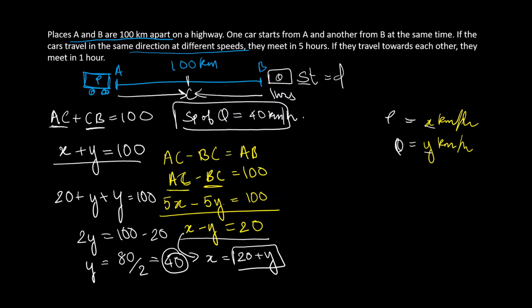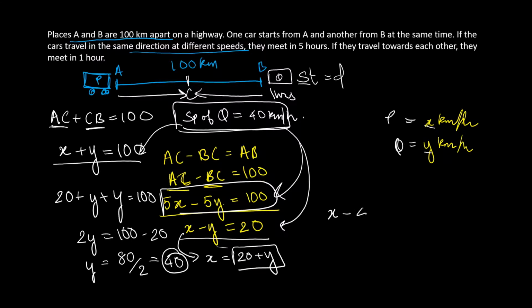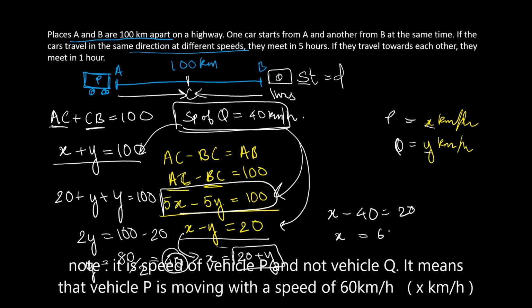Now let us change this. Well, let's put this value in this equation, or you can even put it in this equation. It doesn't matter, or even in this equation as well. So I can put it here as well, but I'll put it in this. So I'm gonna get, that's my y. So I get x minus 40 equals 20, and x is equal to 60.